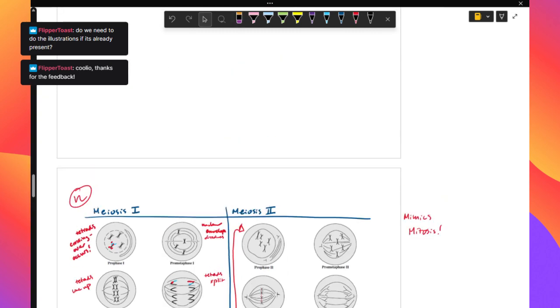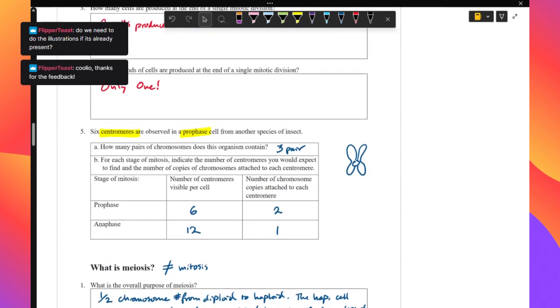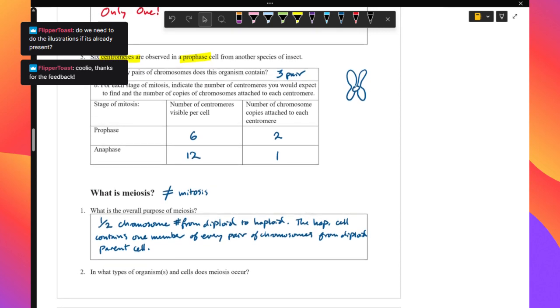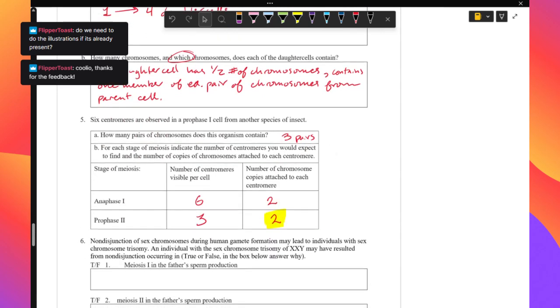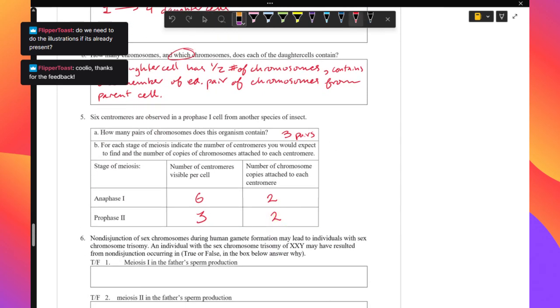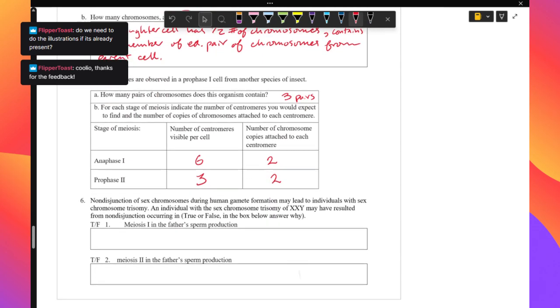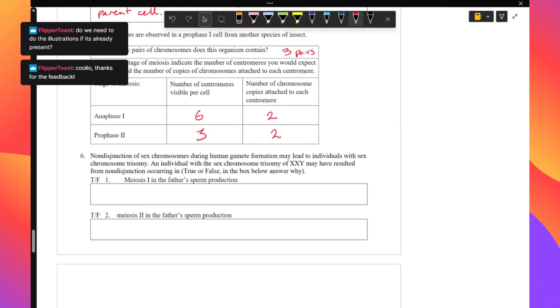Prophase 2 here. Let's go back and look at our diagram. No, that makes sense. Okay. Drawing attention to a contrast that doesn't exist. I apologize.